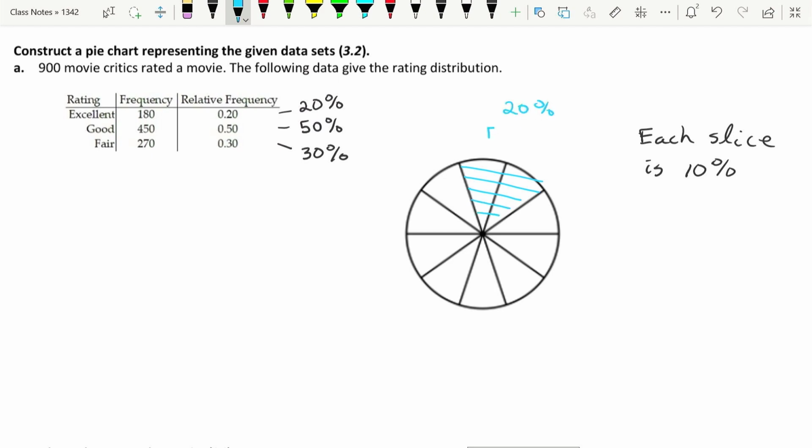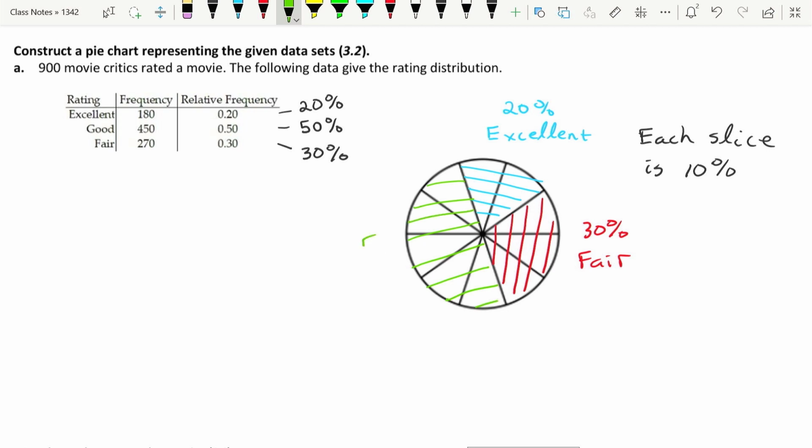And that would be for that particular category. And then for 30%, we need 3 slices. So we'll shade in or color or however we'd like to do that for 30%. And then for 50%, which is just half of the entire thing, that'll be for that category.